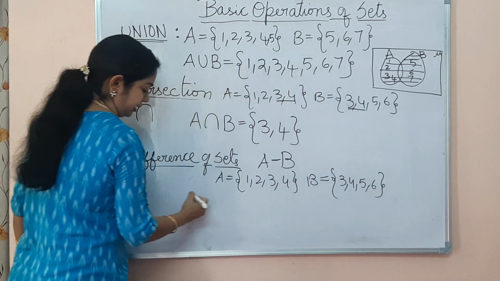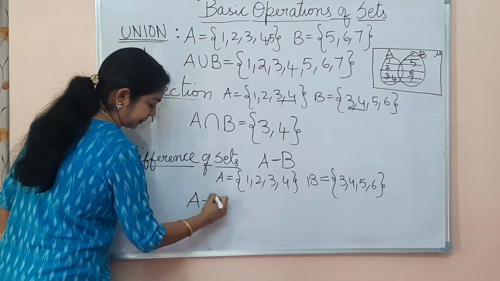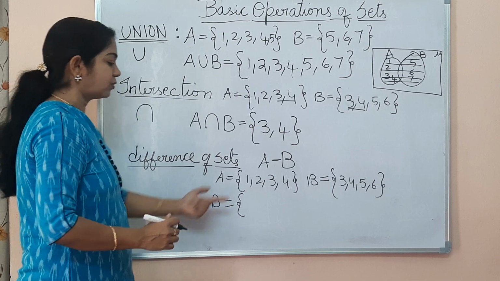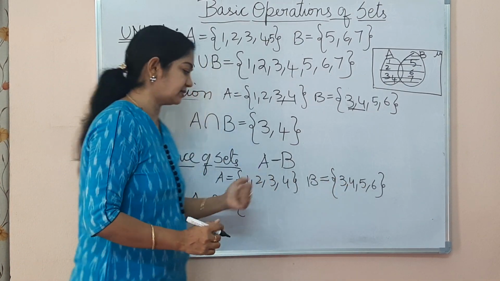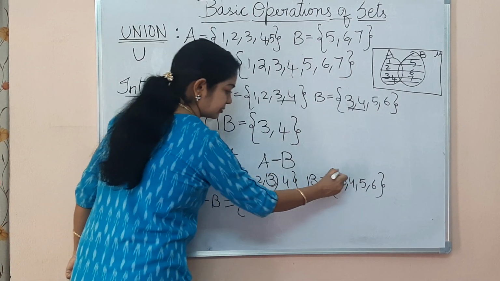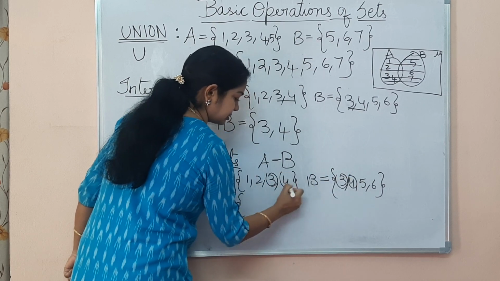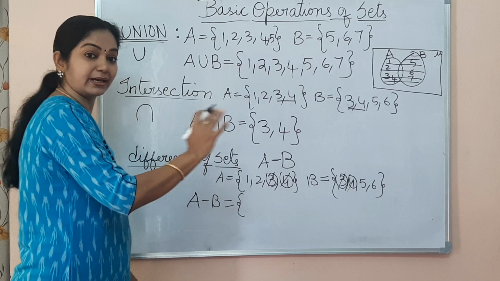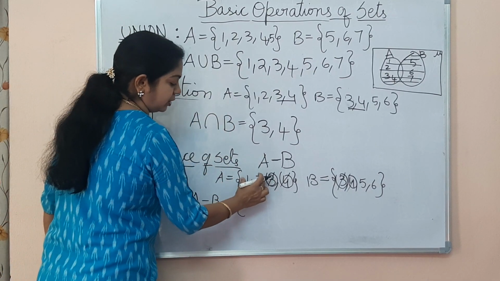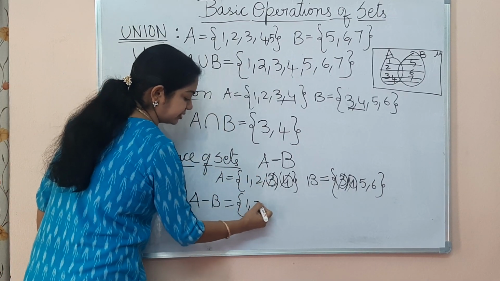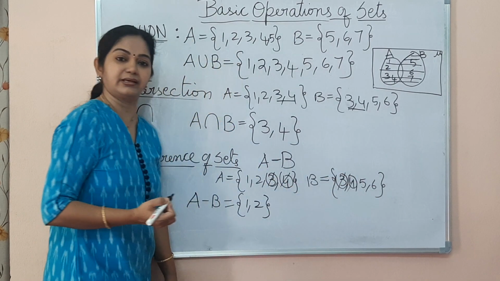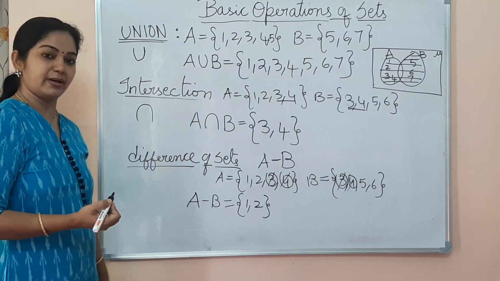Now A minus B is a set where first the common elements you have to cancel. These are the common elements in both the sets. Those we have to cancel, we are subtracting. Then the elements left over in the first set you have to list out. Do not write the elements in the second set. This is A minus B.